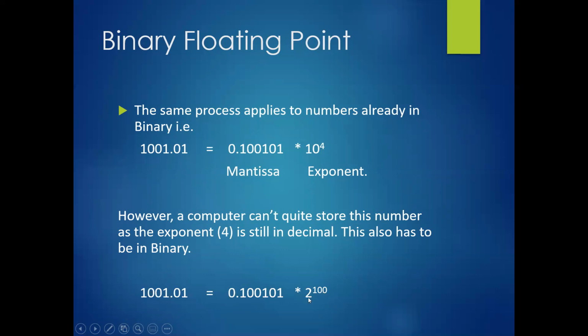It doesn't have to store the base, because in computer systems, the base is always 2, it's always binary. So that's the terms mantissa and exponent, where they come from, explained. And for our purposes at this level of computer science, we need to know that this part of the number here is the mantissa, and this part of the power over here is the exponent.